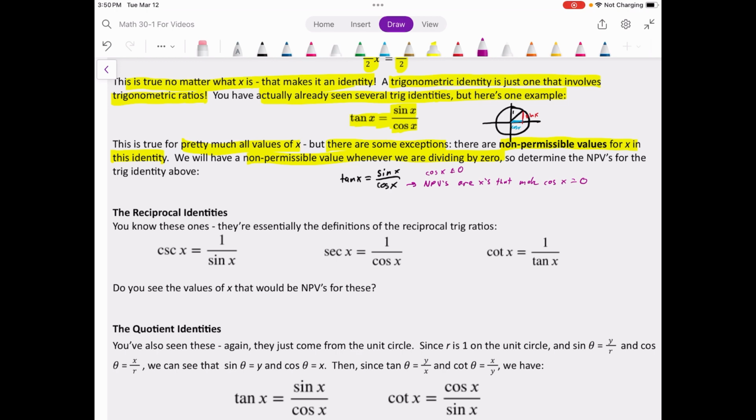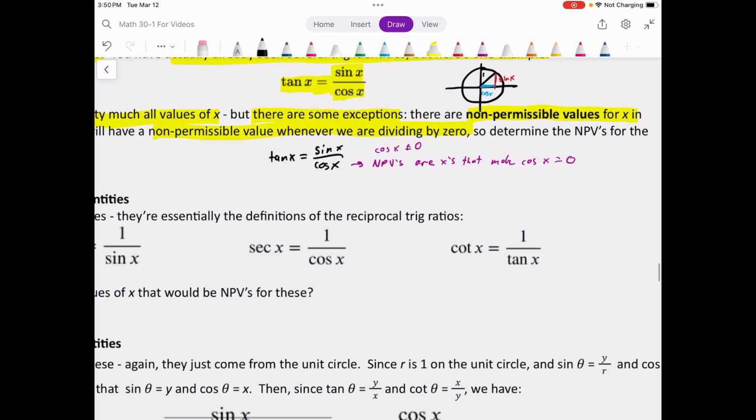Well, we know that. We know that cos is 0 at 90 and 270, right? Wherever the adjacent side, wherever our x coordinate of a point on the terminal arm would be 0. So that happens here and here, where a point on the terminal arm could be (0, 1) or (0, -1), right?